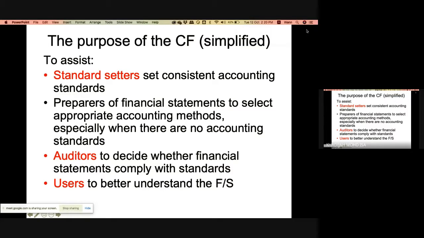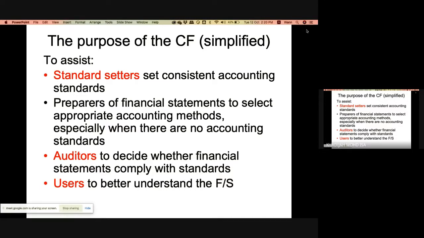And then we have the auditors, to decide whether financial statements comply with standards. Normally, companies have to submit financial statements to the respective authority, and the financial statements must be audited by auditors. Once your financial statements are closed, auditors come in to check whether they have been prepared in compliance with the standards.